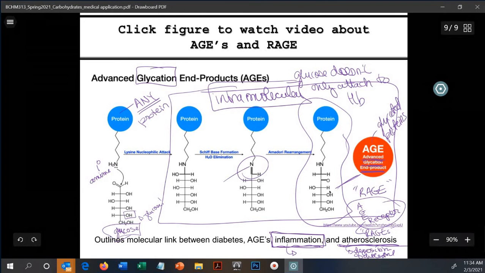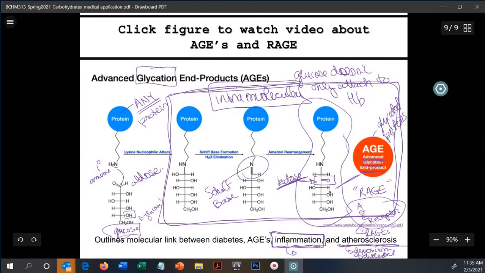And we're going to move through this structure here, which is your Schiff base. Again, don't worry about it. But once we have that interconversion, we end up with the formation of more of a ketose versus an aldose that we started with. So everything that's in this box is an intramolecular rearrangement here.